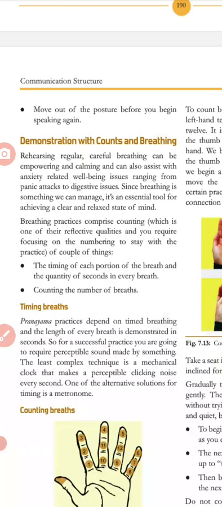We have to focus on the numbering to stay with the practice, and that too a couple of things: the timing of each portion of the breath and the quantity of seconds in every breath, counting the number of breaths. I always instruct you: count, breathe in, breathe out, count one cycle, count two cycles. These techniques, they have to do regularly.